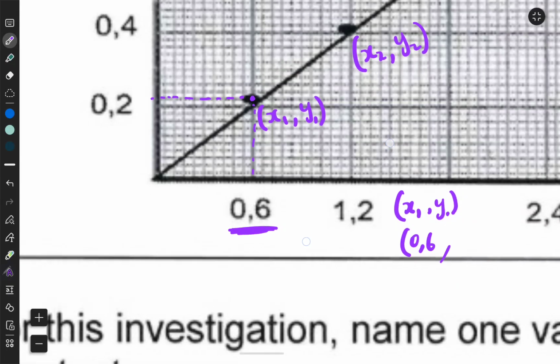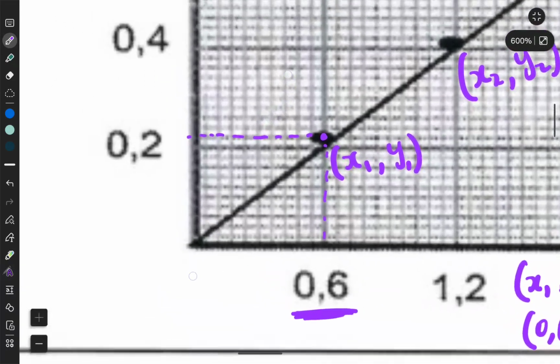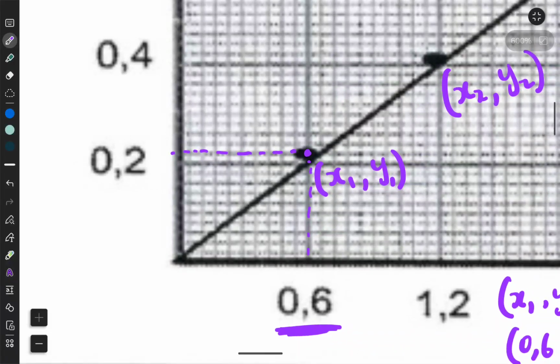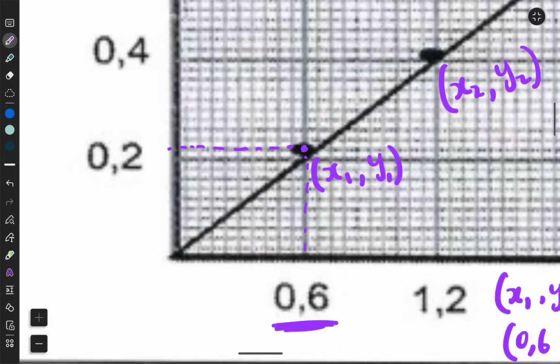That's our y now. So you have options here. It's either you count using the lines or the spaces. But what I prefer to do is I check, what's the difference between 0.2 and 0.4? That is 0.2. So this total space is 0.2.